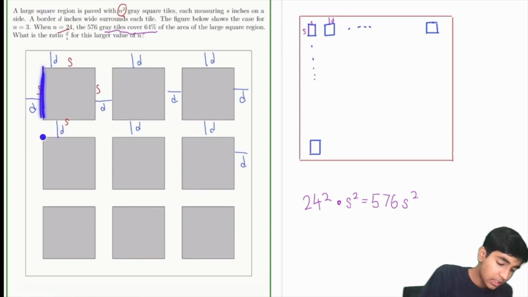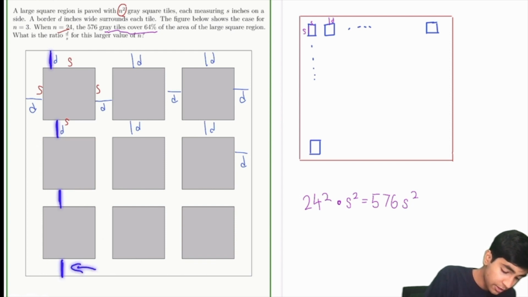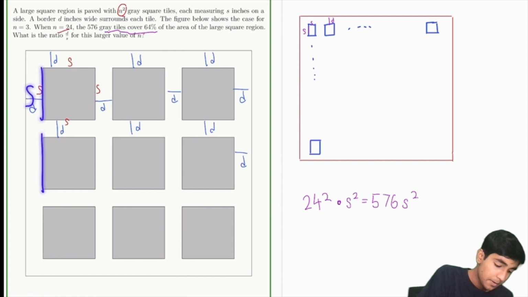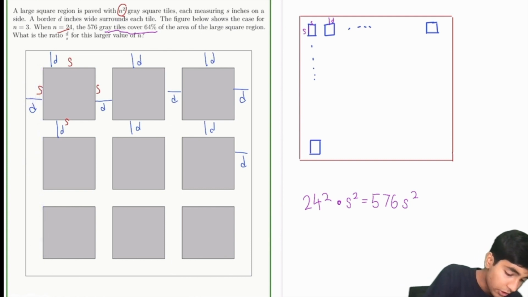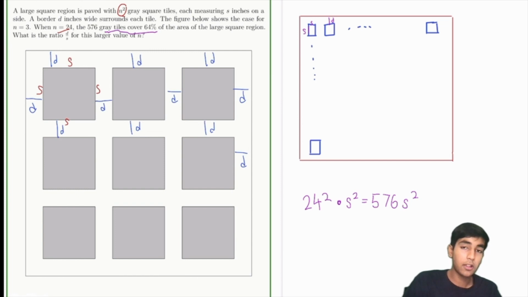For the 3 by 3 case, there was 3s, and then plus 4d, because there's 3 tiles in a column, so 4 of these in between regions, which each have length d, right? And then these lengths are all s. So the total side length of the square would be 3s plus 4d.